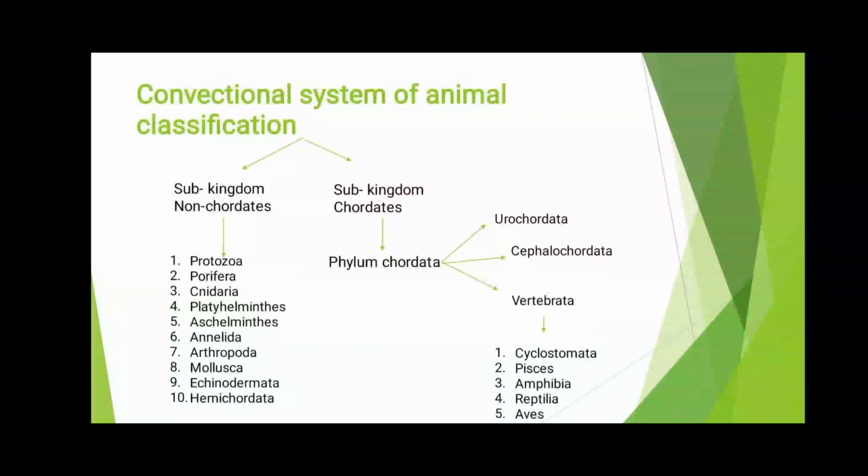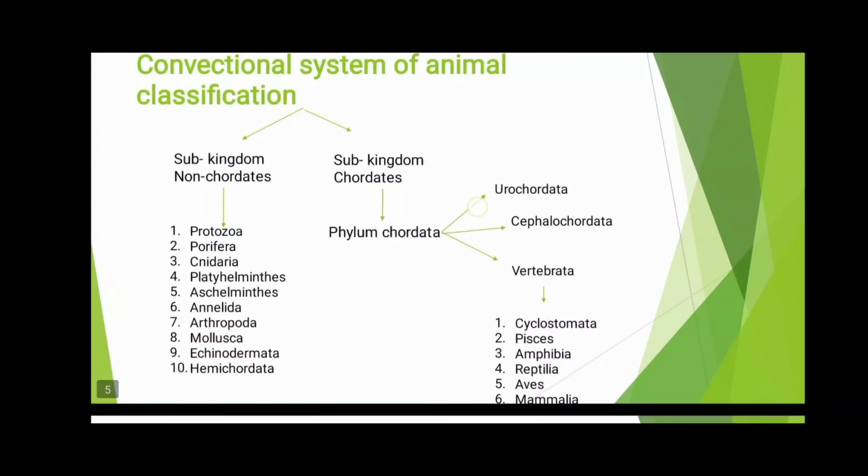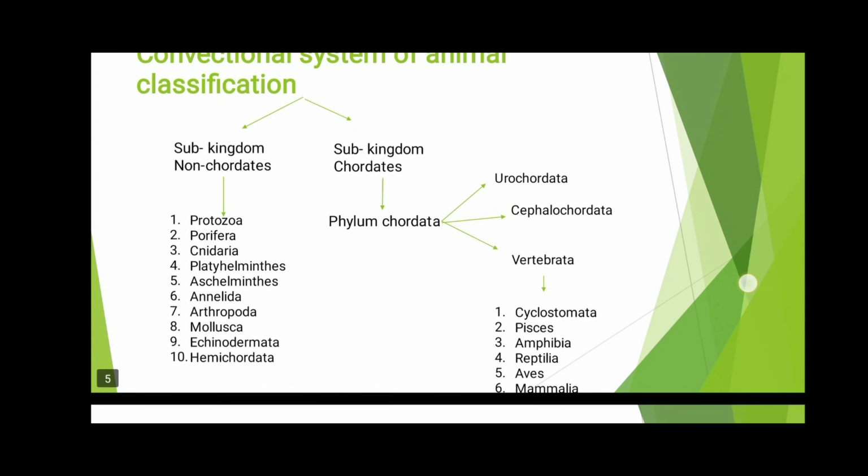Let's move on to the next phylum, that is Platyhelminthes. The body of these animals is flat like a leaf or strip, so they are called flatworms. Most of these animals are endoparasites, and their body is acoelomate and bilaterally symmetrical.